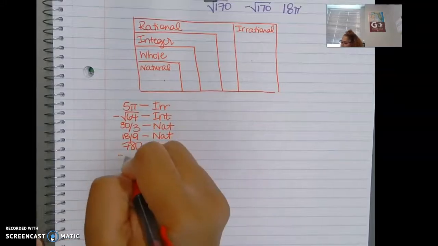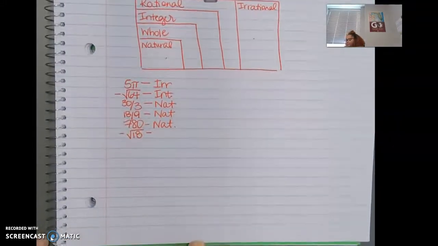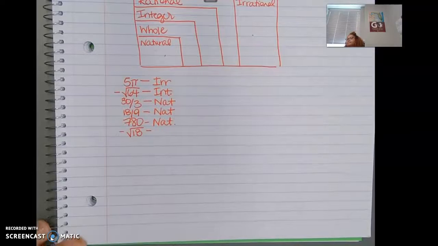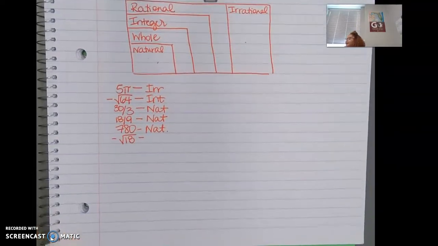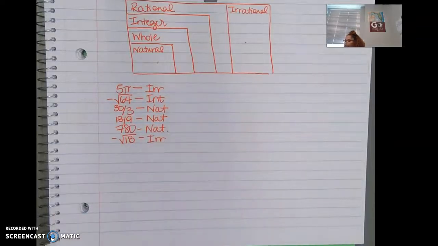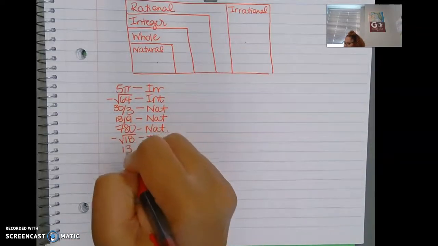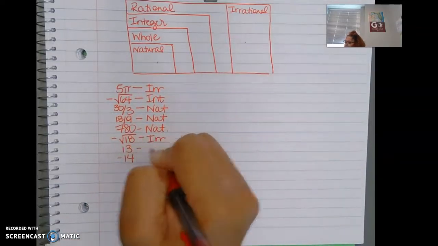Negative square root of 18. Calculate it. Irrational. Why? Because it's not a perfect square. 13. What is it?